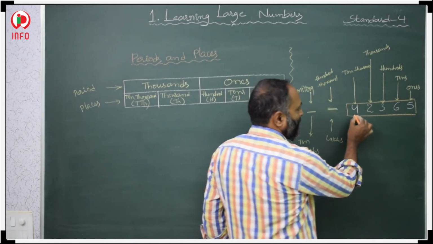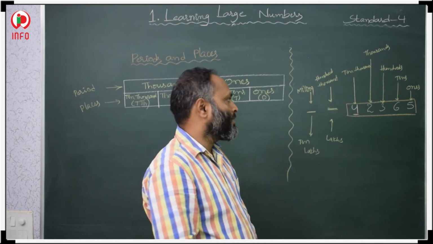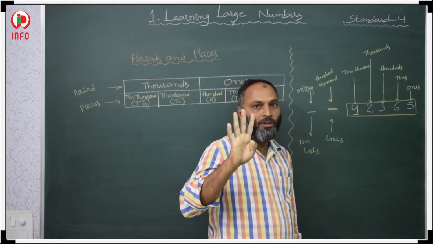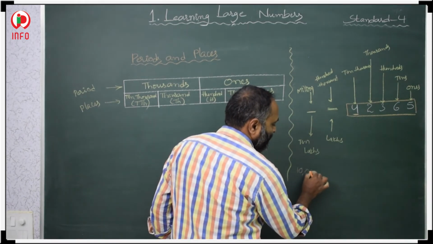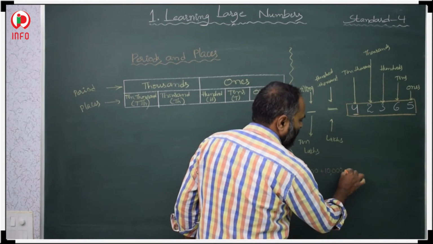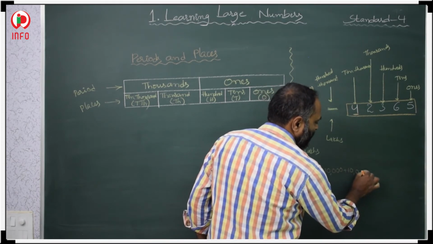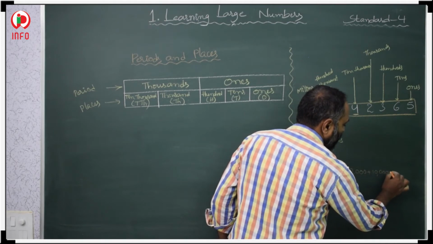In the 10,000s place, 4 is there, which means 4 10,000s: 10,000 plus 10,000 plus 10,000 plus 10,000.